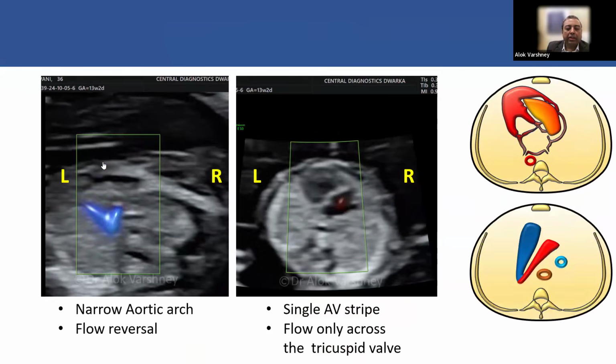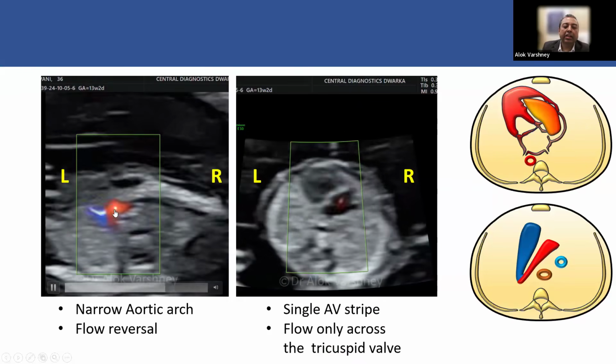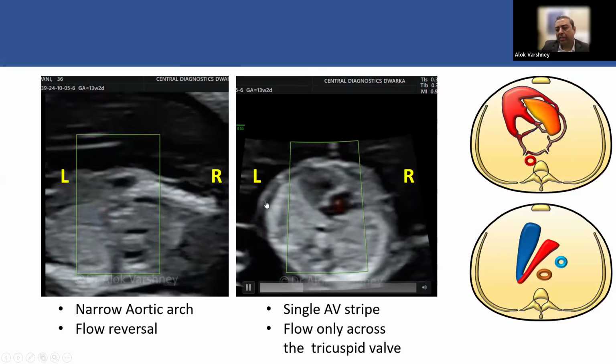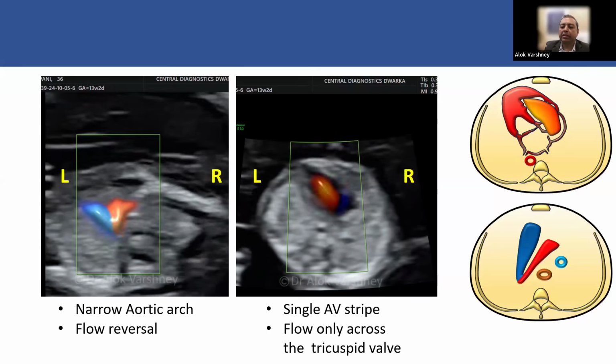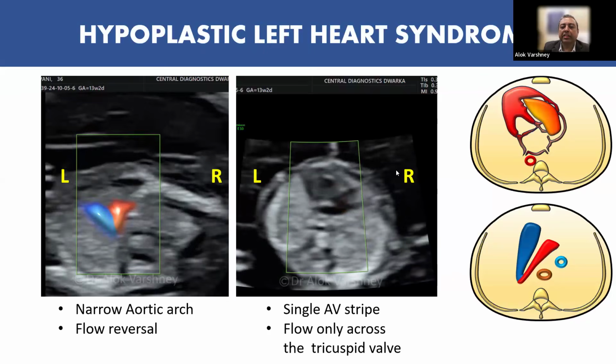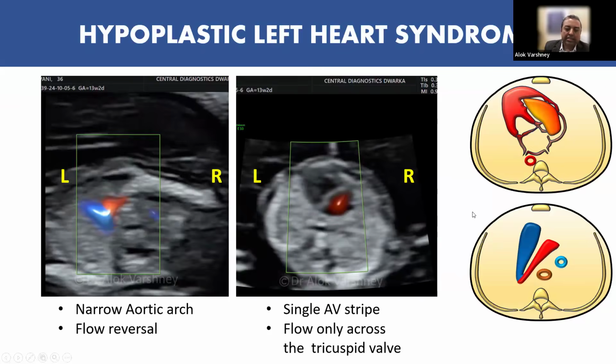When we do the 3-vessel trachea view, we can see that the aortic arch is showing reversal of flow. That means the mitral valve is atretic, the aortic valve is also atretic. So we know this is hypoplastic left heart syndrome.